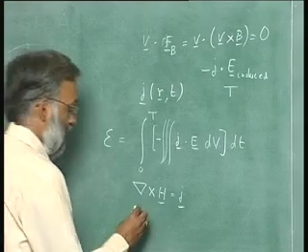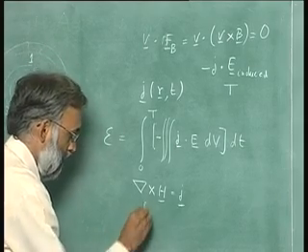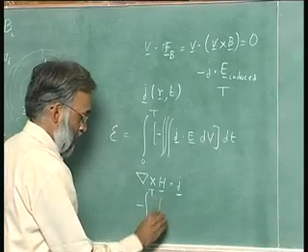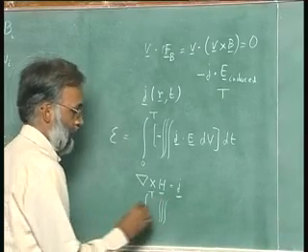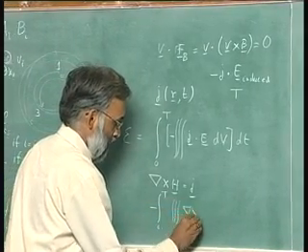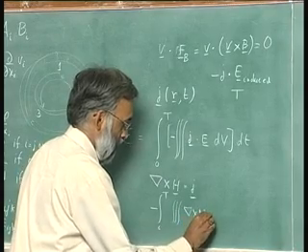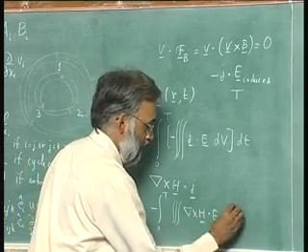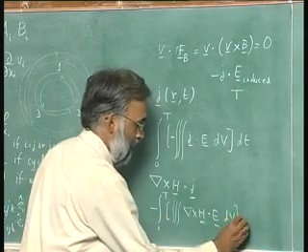This would be equal to the integral from 0 to capital T, I will take the minus sign outside, 3 integrals over space, curl of H dot E dV dt.